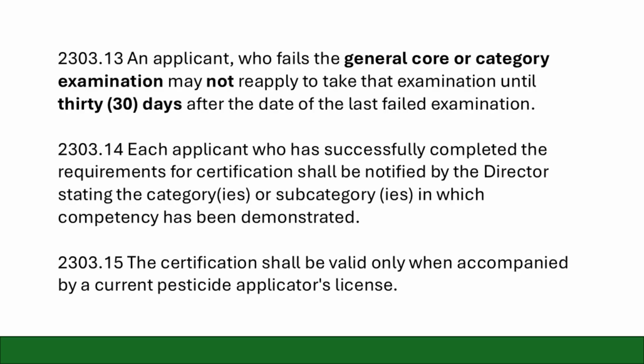Each applicant who has successfully completed the requirements for certification shall be notified by the director stating the categories or subcategories in which competency has been demonstrated. 2303.15. The certification shall be valid only when accompanied by a current pesticide applicator's license.